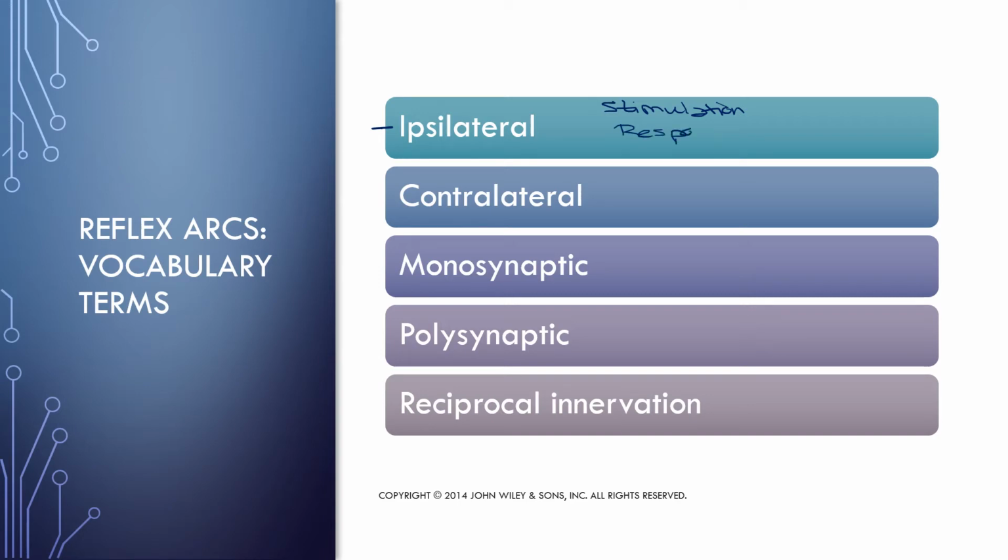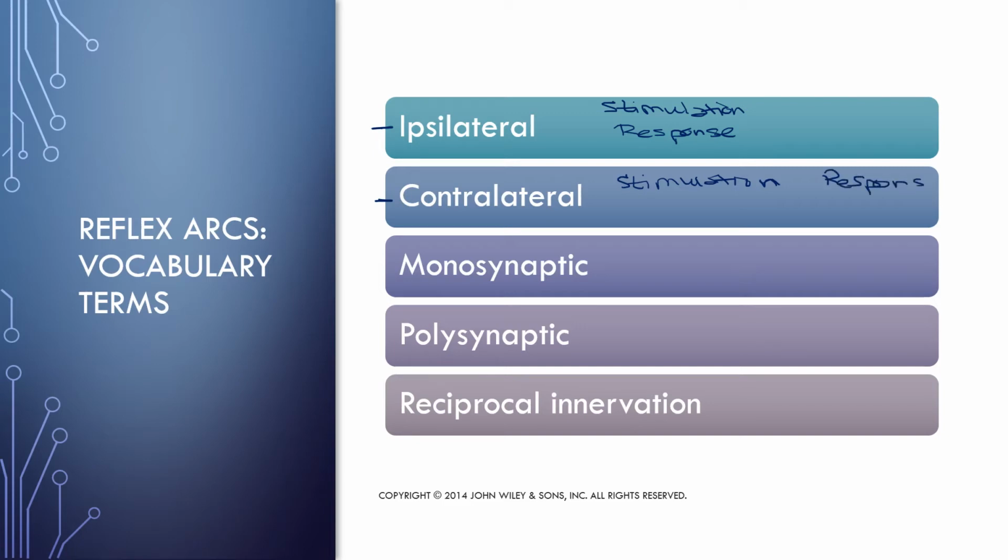These are on the same side of the body. Contralateral reflex arcs are reflexes in which the response occurs on the opposite side of the body that is stimulated. So the stimulation and the response are going to be on opposite sides.